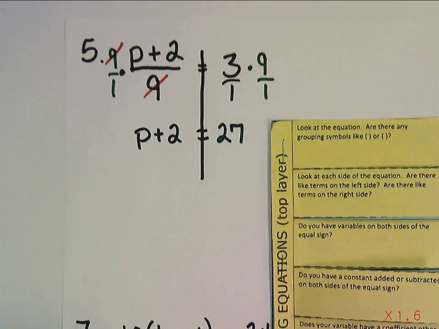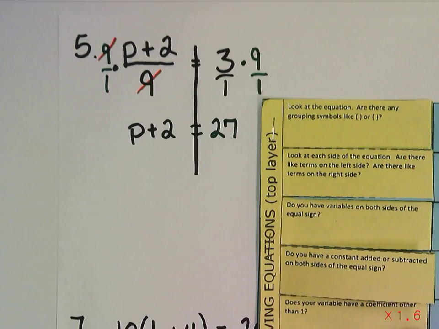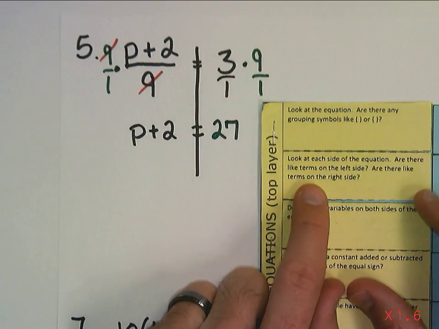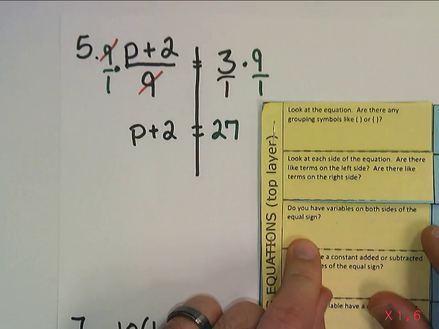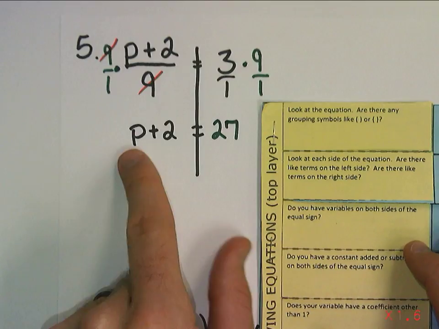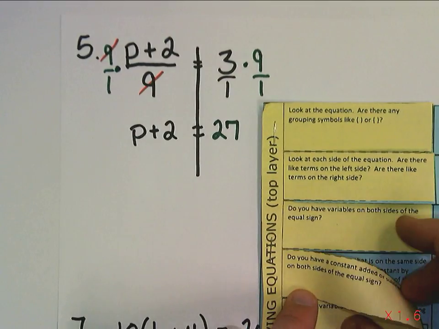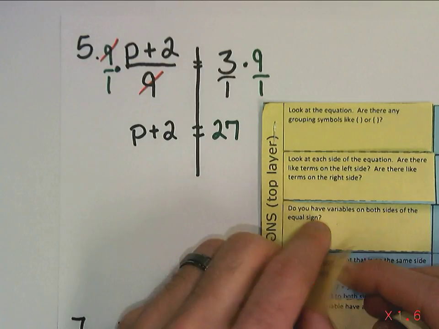Well, now this gets us back to an equation where we can use our foldable again. So, we don't have grouping symbols. There aren't like terms on the left and right side. Do you have variables on both sides? No, we don't. P is currently only on the left-hand side. Do you have a constant added or subtracted on both sides? Yes, we do. We have a plus 2 and a plus 27.